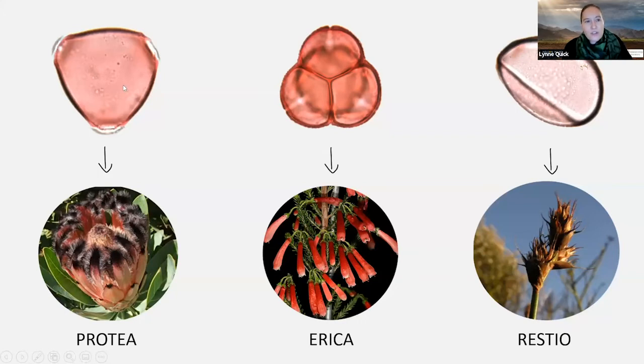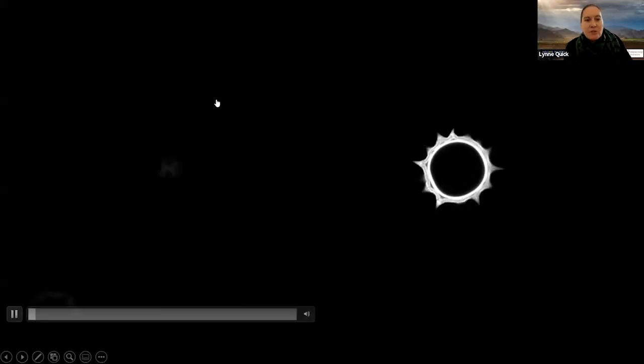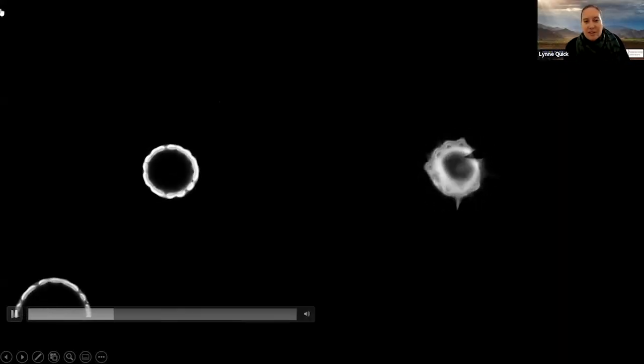So if we see, for instance, these three types of pollen, which are the iconic fynbos types, Protea, Erica, and Restio, we can then assume that there was fynbos in the region if we manage to identify these different grains. And the reason that we are able to identify these, and the fact that they're preserved within these archives, is because they are very resistant to microbial decay.